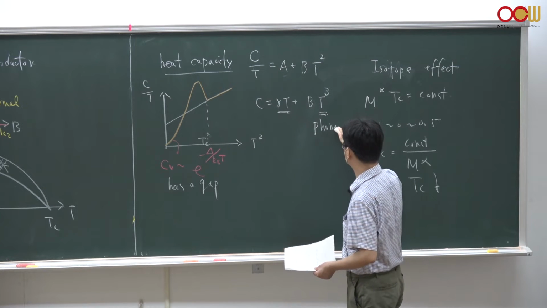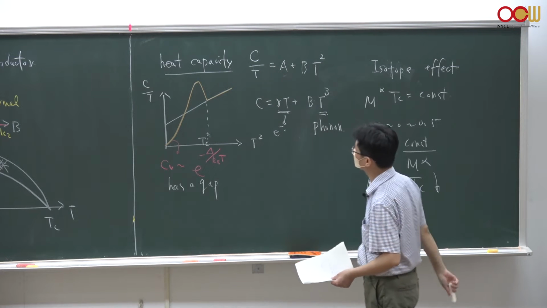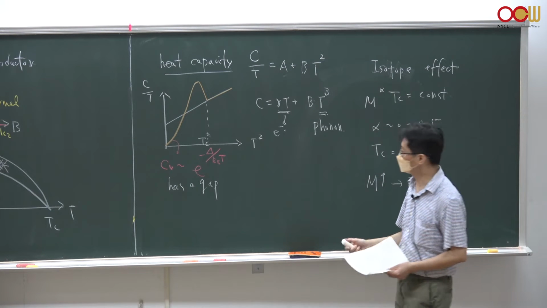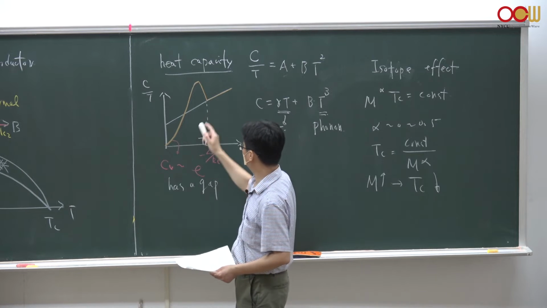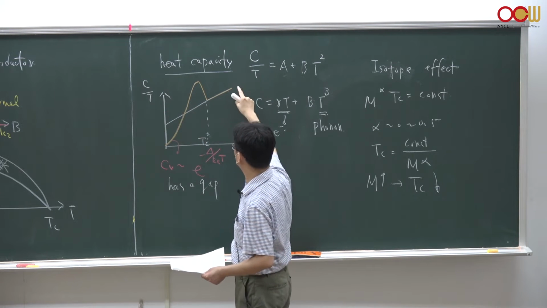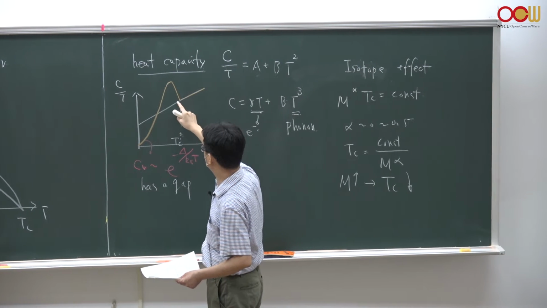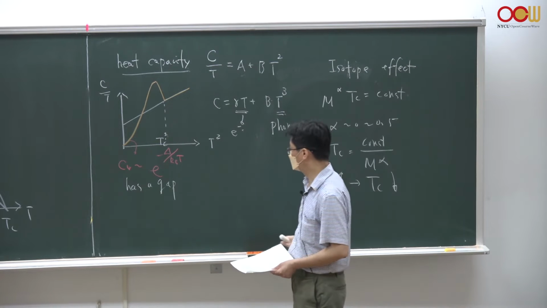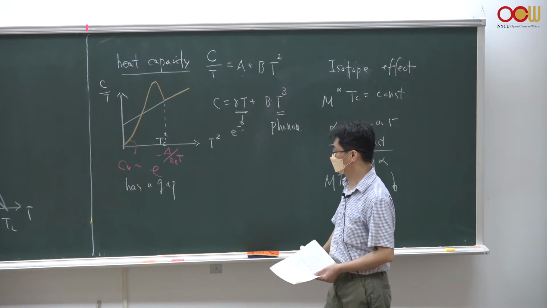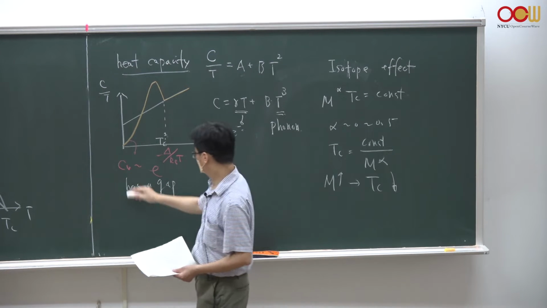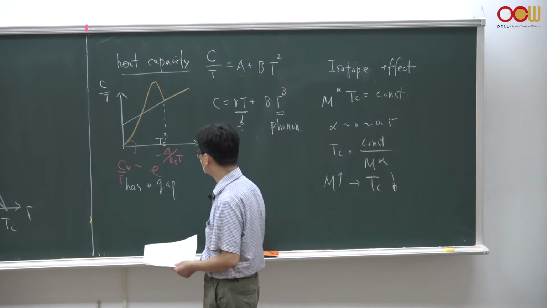Remember that. That's the normal metal. But in the superconducting state, where T is below Tc, the heat capacity divided by temperature shows a jump first, and then exponential decay as temperature is further reduced. The exponential decay of the specific heat coefficient indicates that there is a gap.